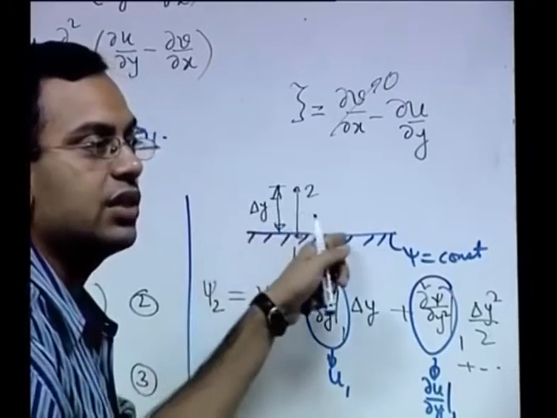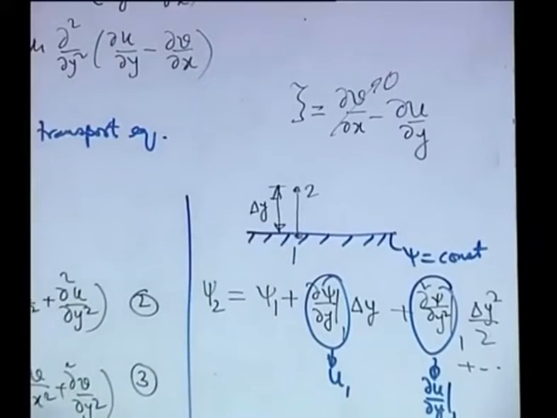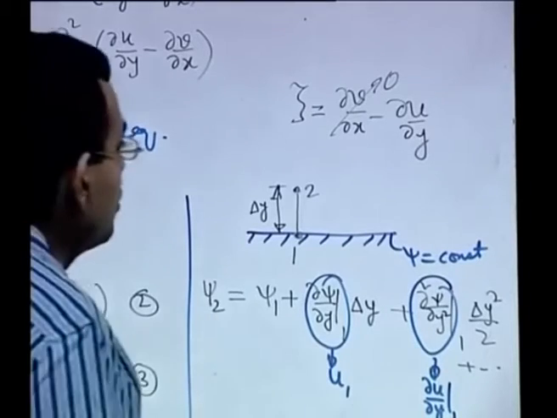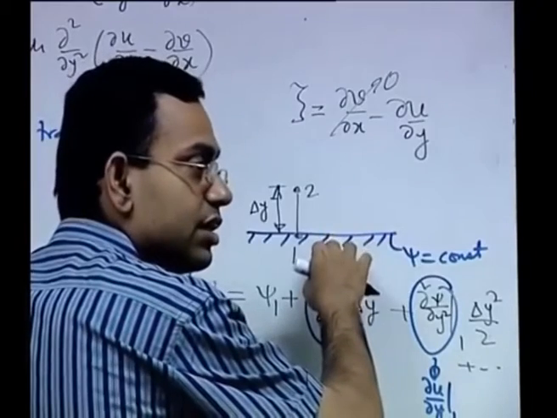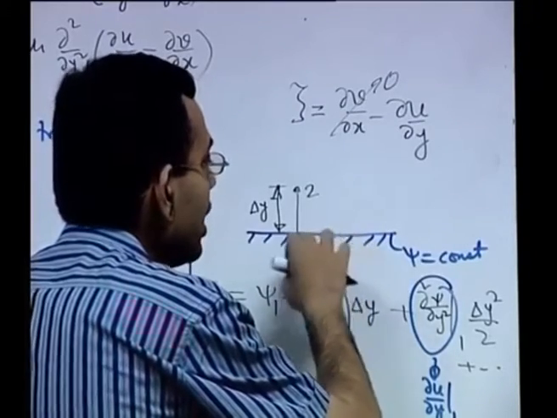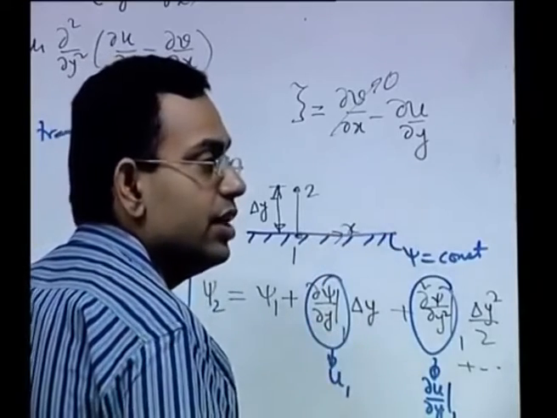So there is no variation of v along x at 1. So it is a uniform 0 v velocity along the wall. This is the x direction, there is no x gradient of v on the wall.